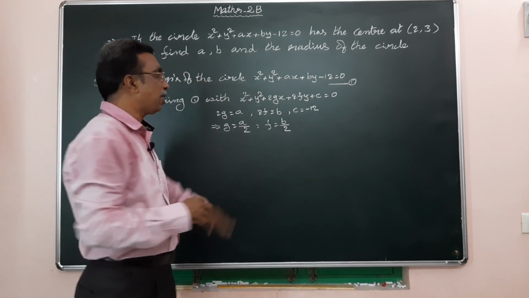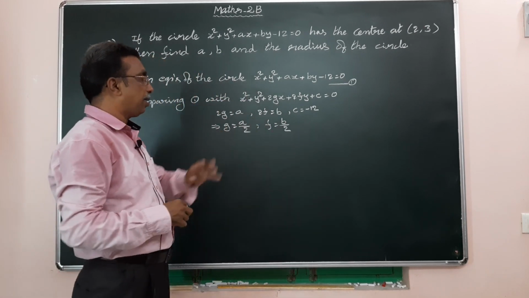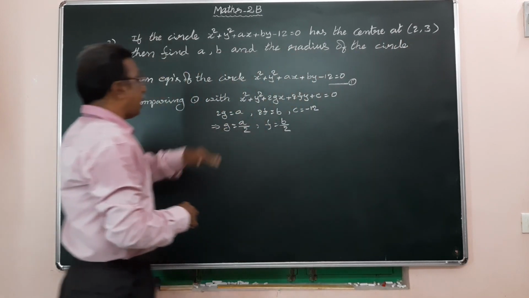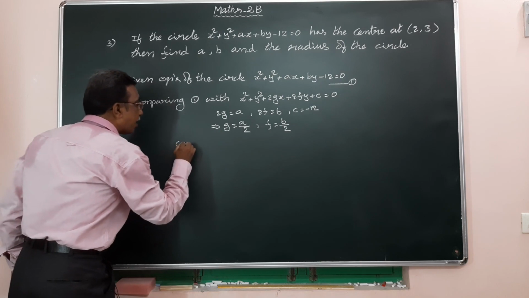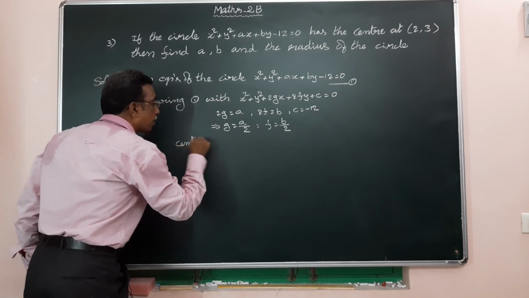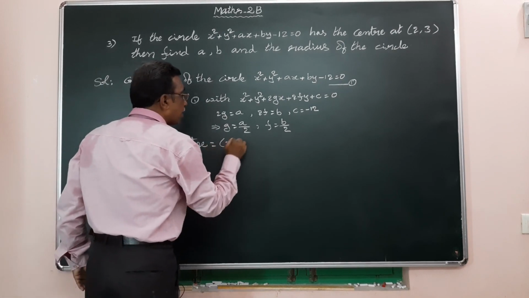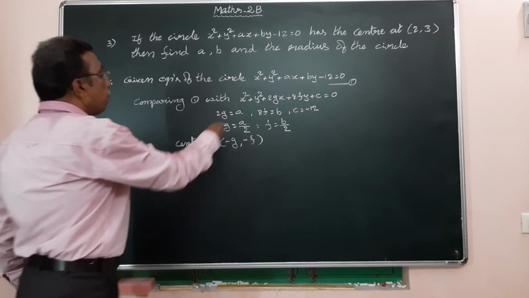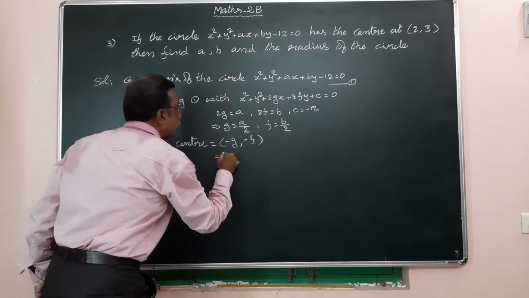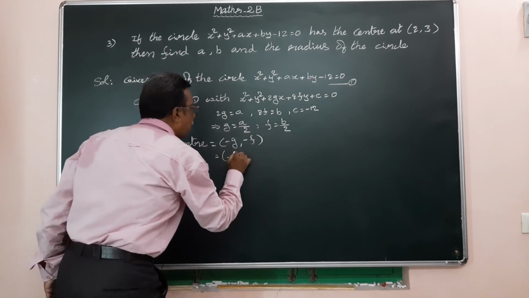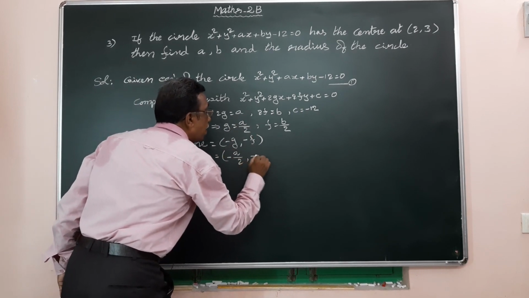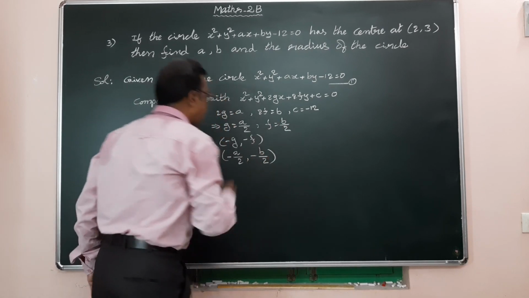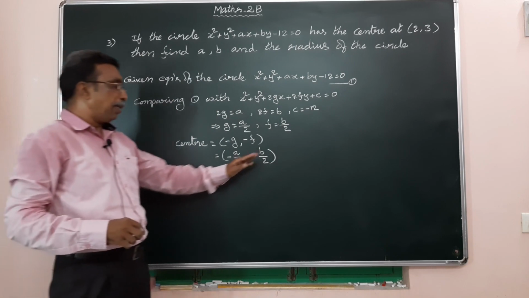Multiplication becomes a division when we take this coefficient from LHS to RHS. g, f values are there. The center is given as (2, 3). First of all, write out the center: center equal to (minus g, minus f). Minus g is minus a by 2, comma minus f is minus b by 2.